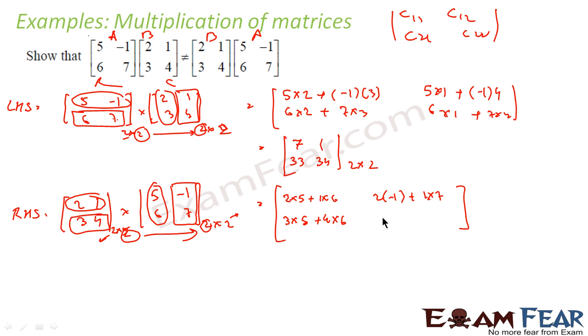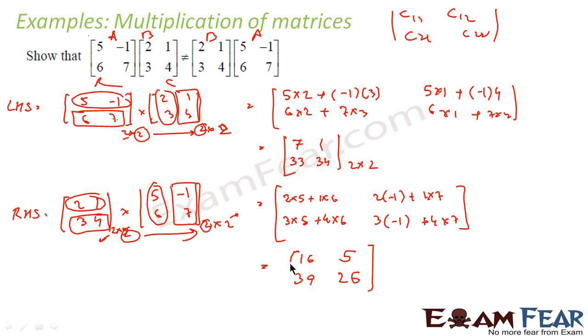And this one, 3 into minus 1, 4 into 7. So what you get here is 10 plus 6, 16, minus 2 plus 7, 5, 15 plus 24, that is 39, minus 3 plus 28, that is 25.